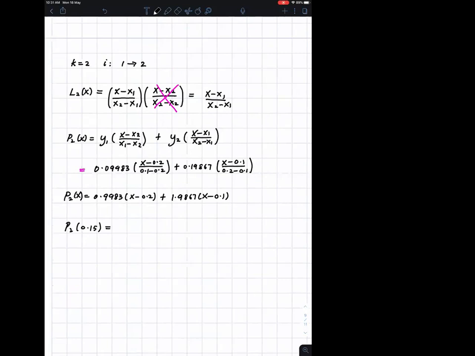Okay, there's a minus sign here that I missed. It's supposed to be a minus sign there.